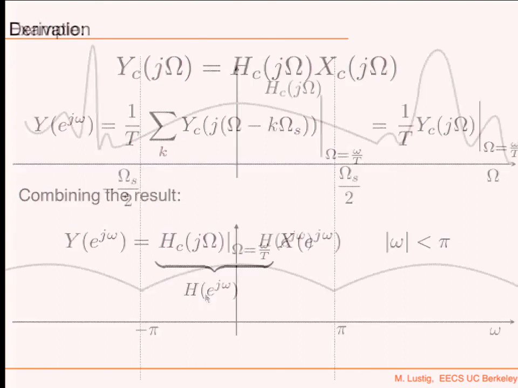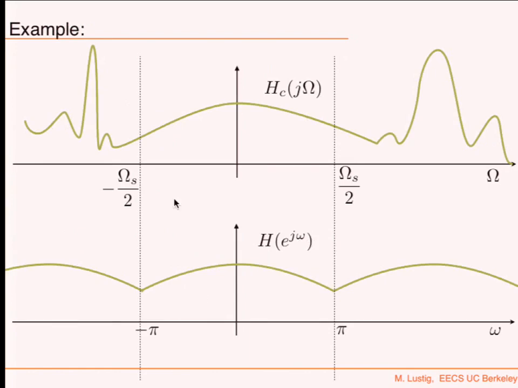So, in fact, if I did this process and I use H_c(jΩ), so the continuous time system, to be between minus Ω_s/2 to Ω_s/2 something like this, and outside is going to go crazy. Like crazy. Thing is, I don't care. Right? I don't care.